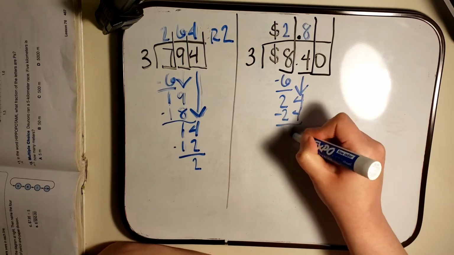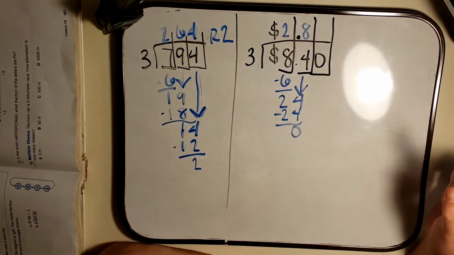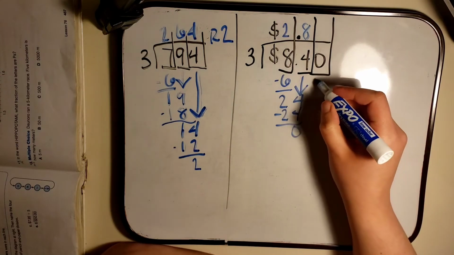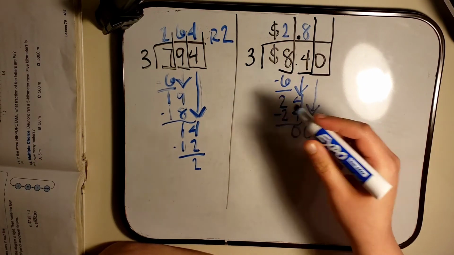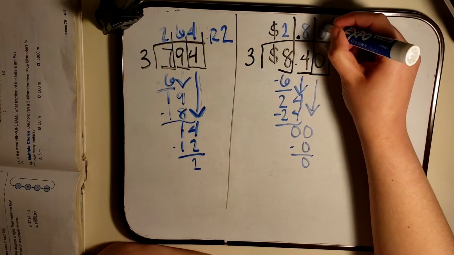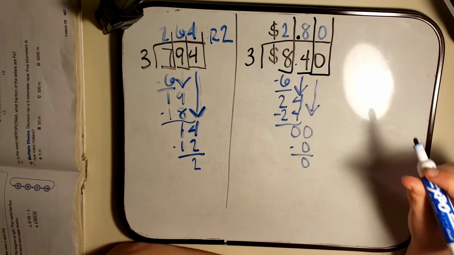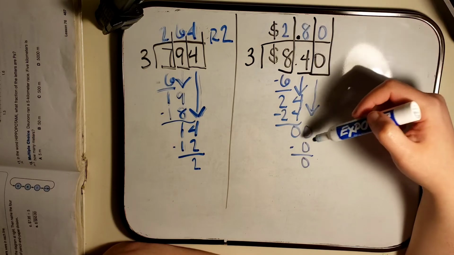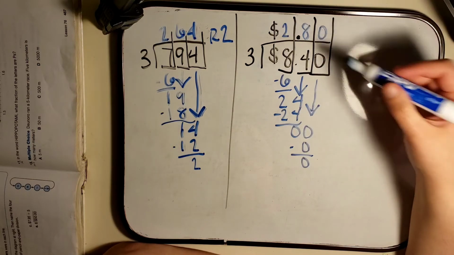Then we subtract. And 24 subtracted from 24 is 0. Then we can bring down this 0. 3 goes into 0, 0 times. That's where 0 comes from.